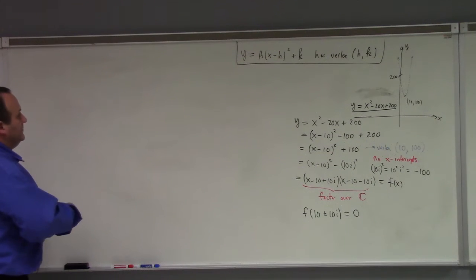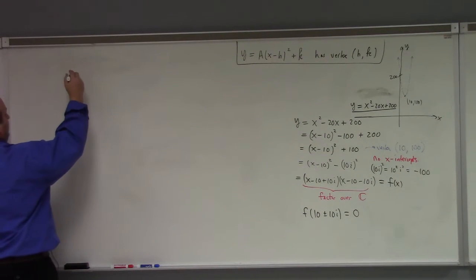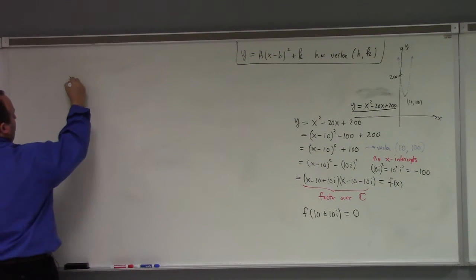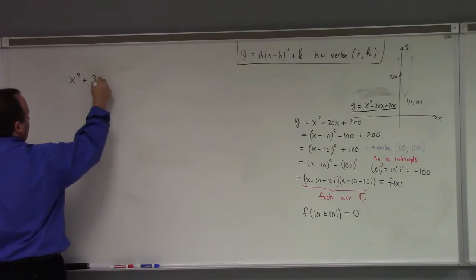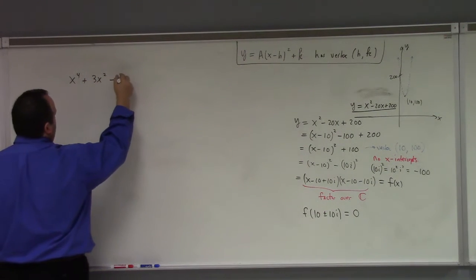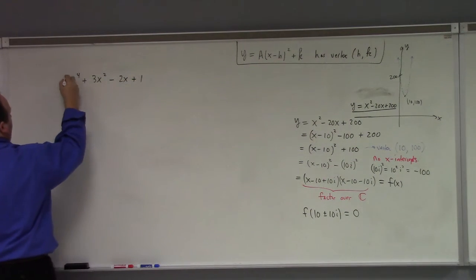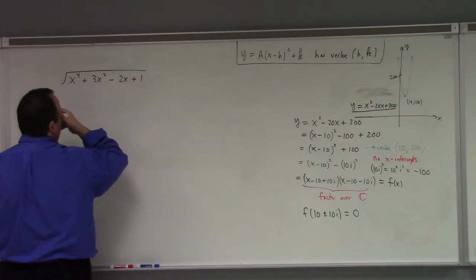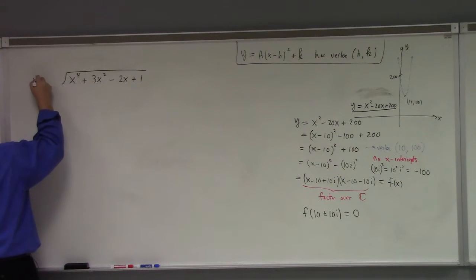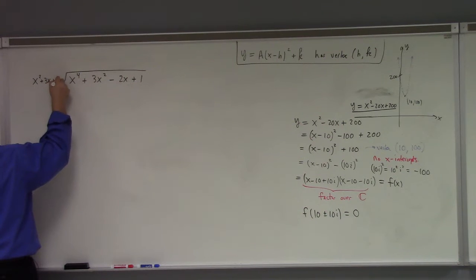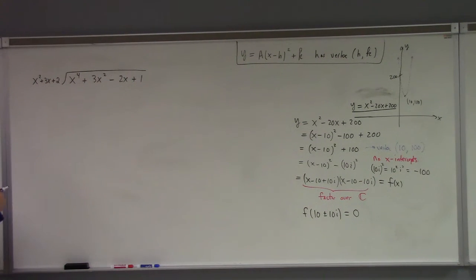Okay, so let's try out x to the fourth plus 3x squared minus 2x plus 1. And we'll divide into that, let's say, x squared plus 3x plus 2. All right, let's see how this goes. So what do I start with?